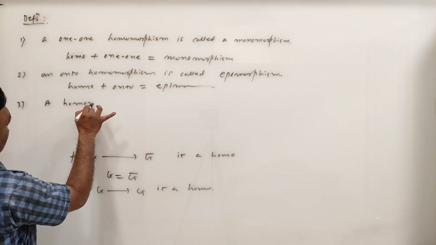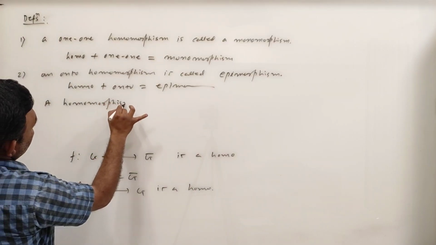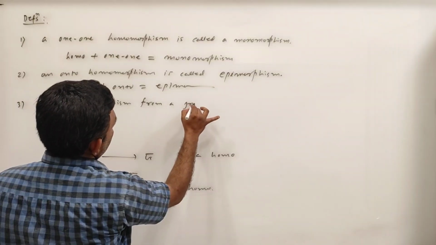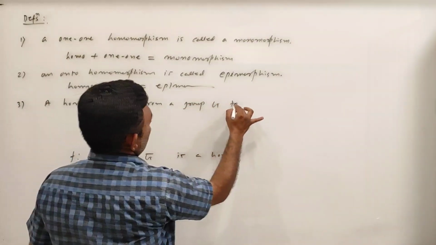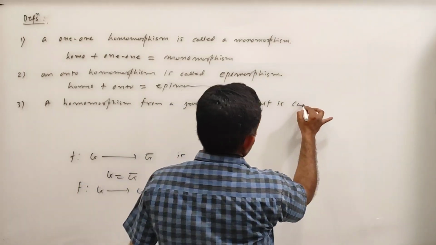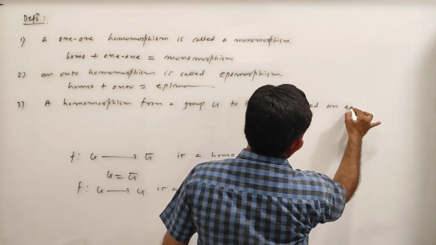A homomorphism from a group G to itself is called an endomorphism.